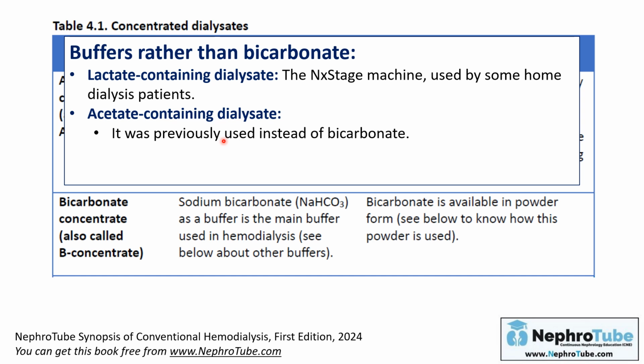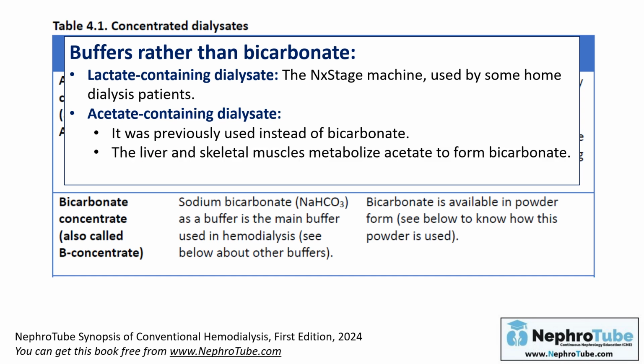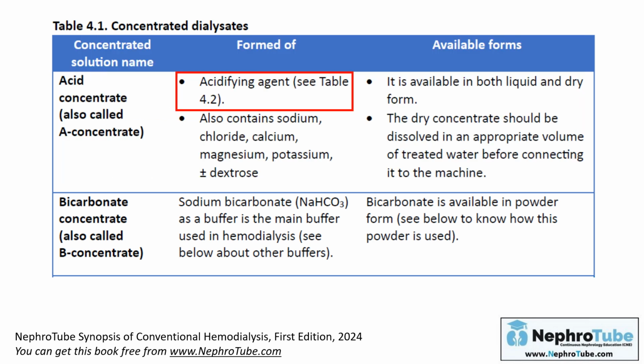In the past, they were using acetate containing dialysate. It was previously used instead of bicarbonate. The acetate is metabolized by the liver and skeletal muscle to form bicarbonate in the body, but it is not used anymore because it actually causes headache and hypotension.